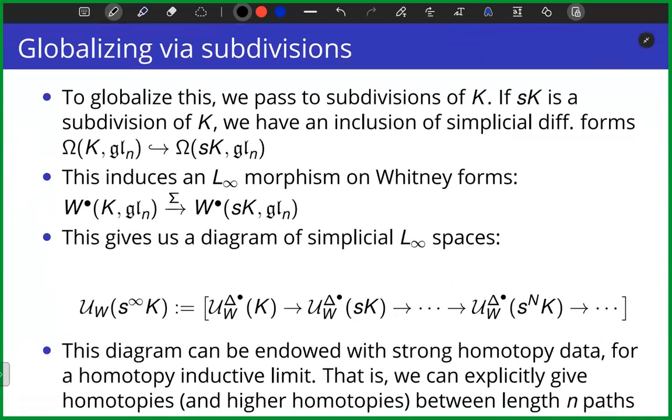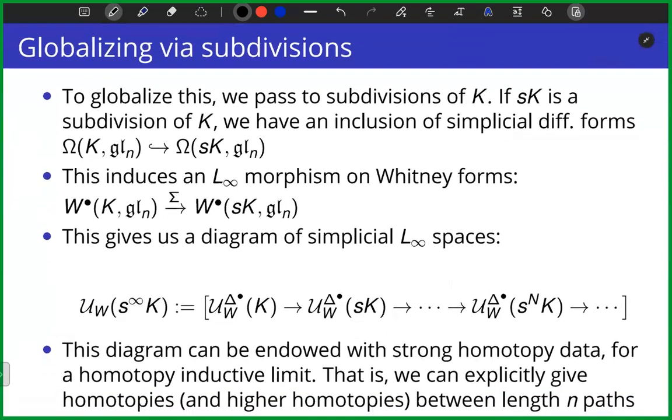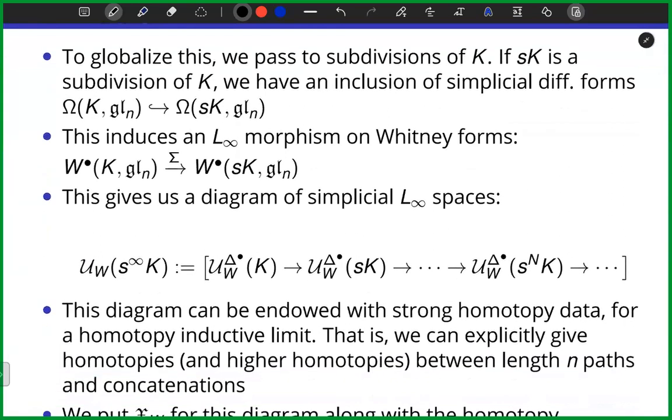And then if you run the thing upstairs and produce these local L infinity spaces, we can string them all together in this diagram, passing through iterated subdivisions. Now this diagram can be endowed with strong homotopy data for a homotopy inductive limit.